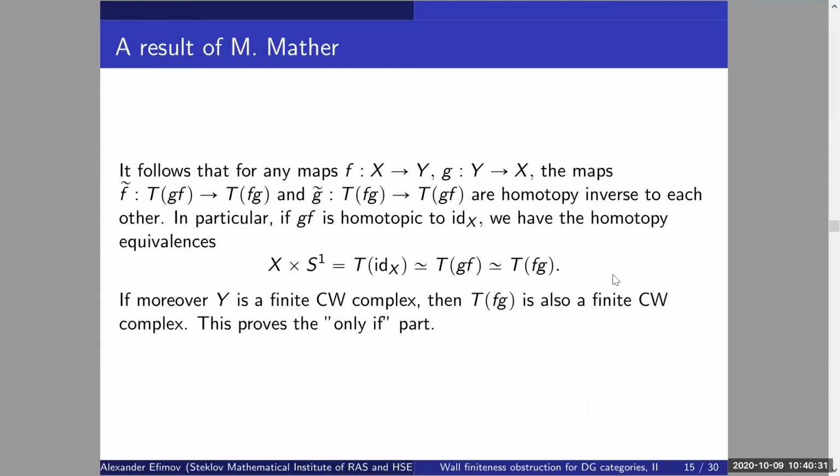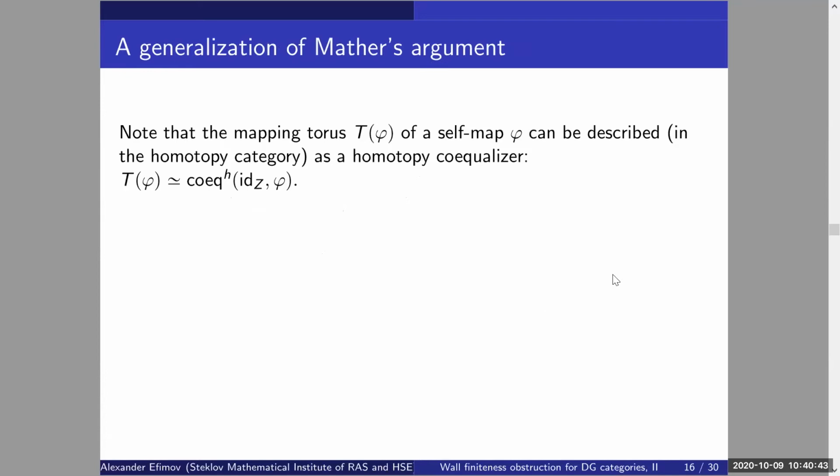So it's a very short and elegant proof, and it turns out that it makes sense in much greater generality. We will apply it for DG categories, but before that, I will briefly comment on the more general context. The mapping torus of any self-map phi from Z to Z can be described as a homotopy co-equalizer.